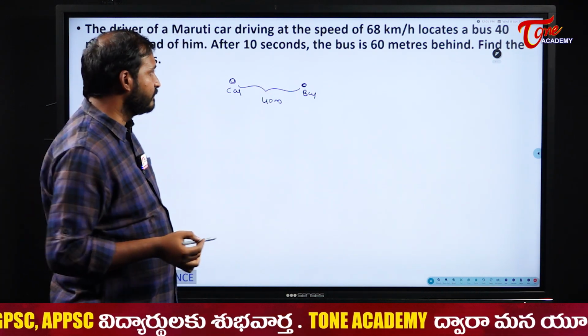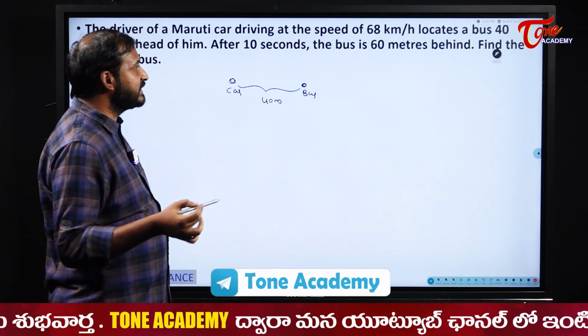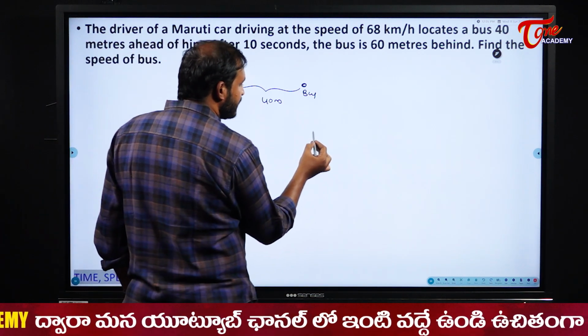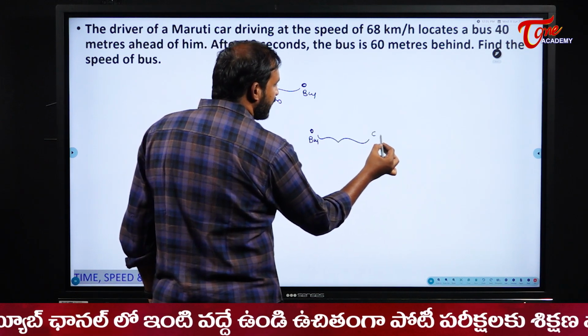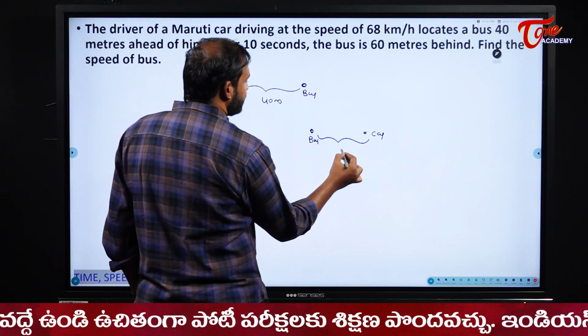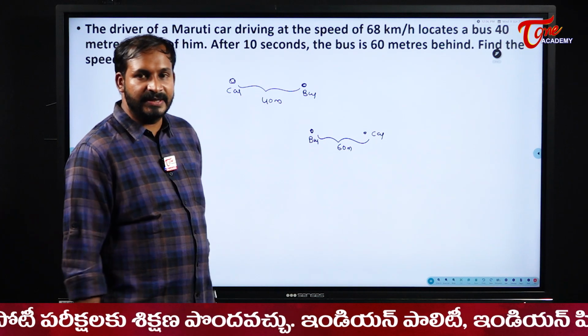After 10 seconds, the bus is 60 meters behind him. Now after 10 seconds, what is the scenario? The bus came to this position and the car came to a position where the car observed that the bus was 60 meters behind him.